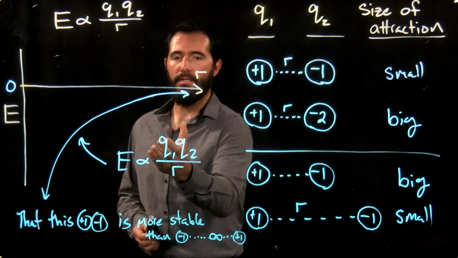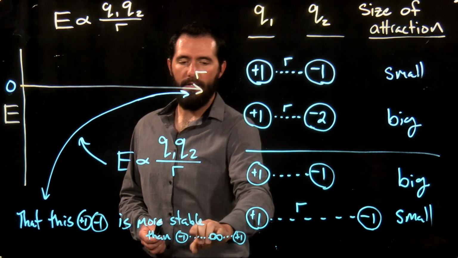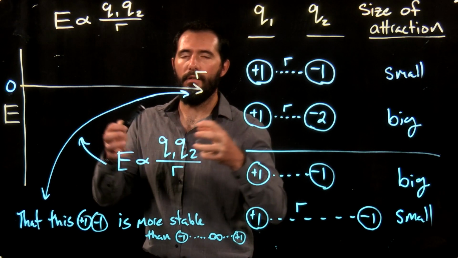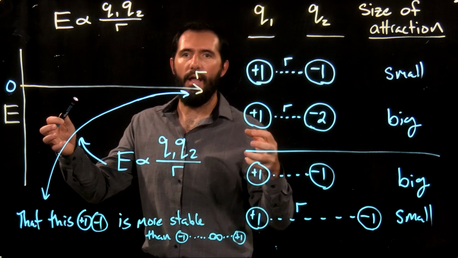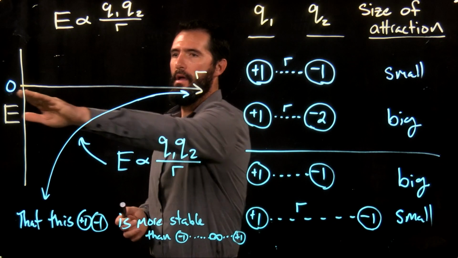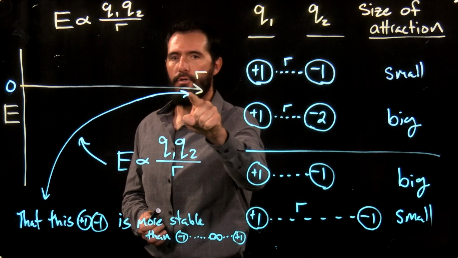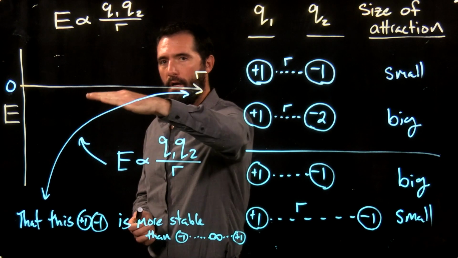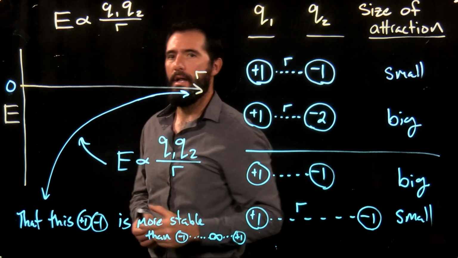That's what this plot is telling us. As we separate a positive charge and a negative charge infinitely far away from each other, they have no potential energy of interaction. They're so far away they don't experience each other. We set that as 0. As the two charges get closer and closer, the total energy lowers and we stabilize the system.